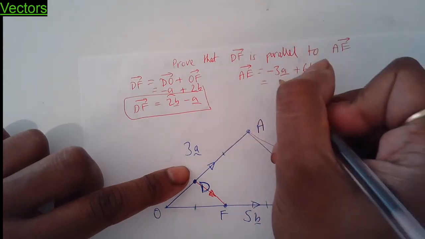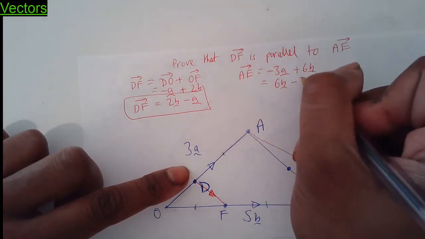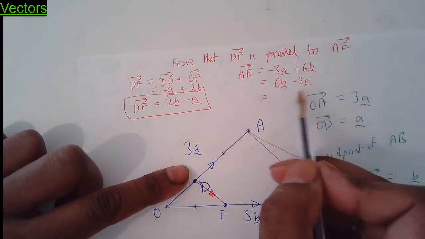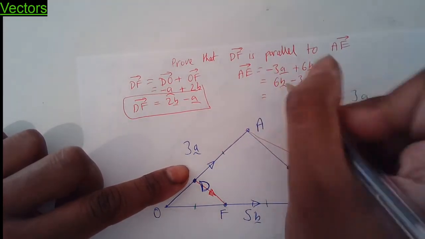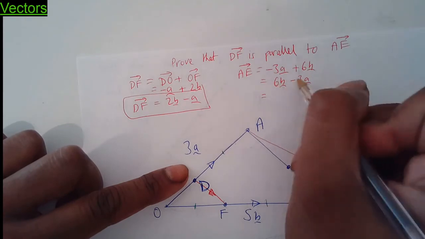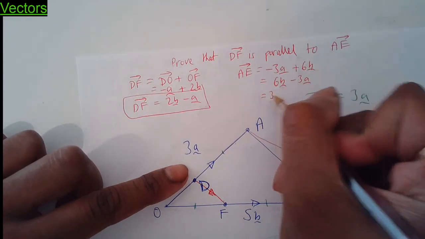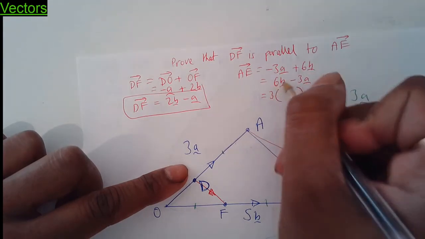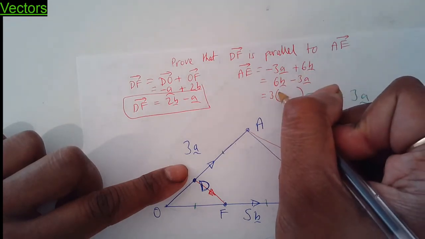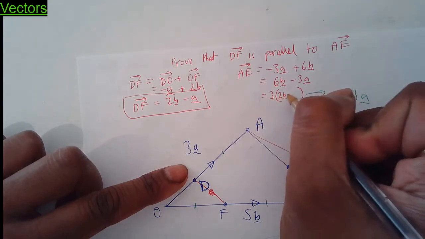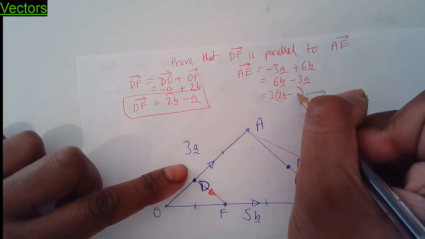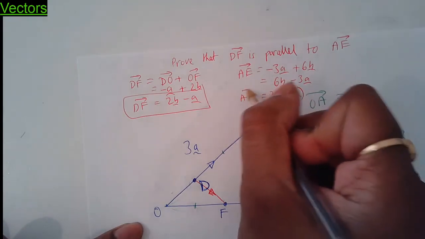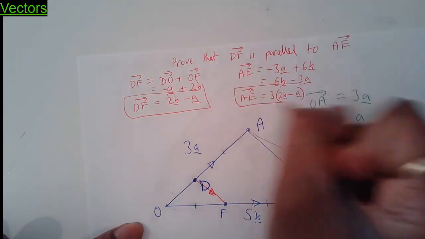Just reverse this. And what I will do now is factorize this. It's factorizable. What goes into 6 and 3? Obviously 3. 3 times something to give me 6b, 3 times something to give me 3a. It's just that. So we save that now. A to E is that there.